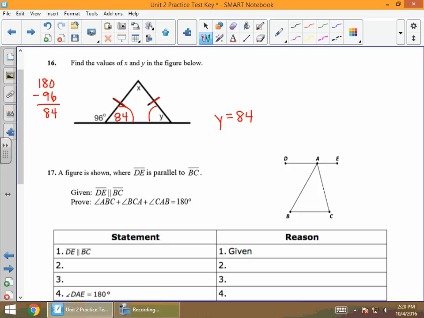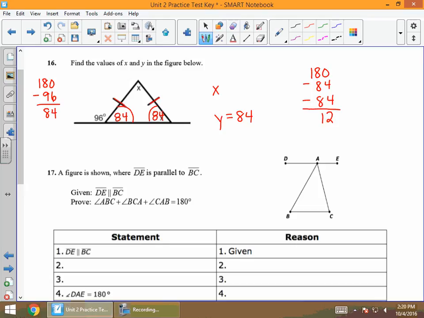So to find x, I know that a triangle has to add up to 360. Or I'm sorry, a triangle has to add up to 180. So I'll take 180, I'll subtract 84, I'll subtract 84 again, and I will get x to be 12.